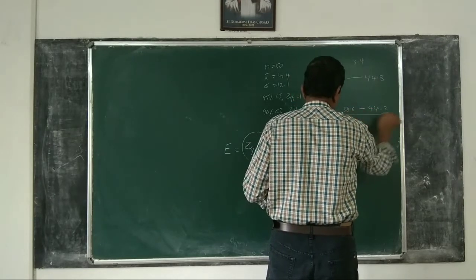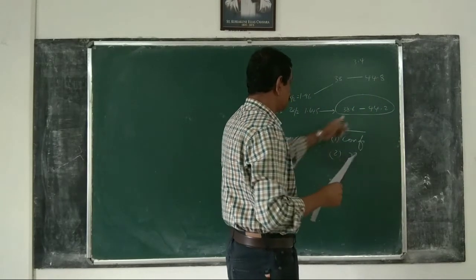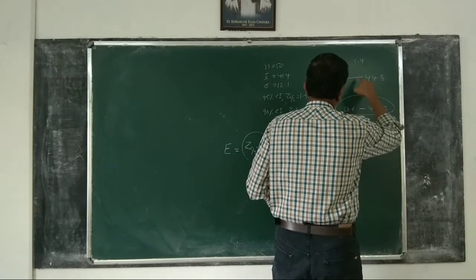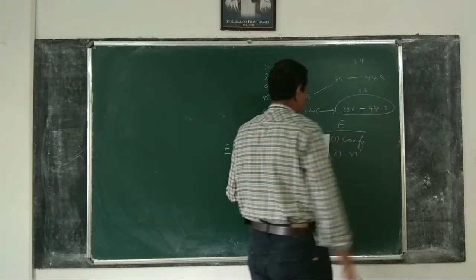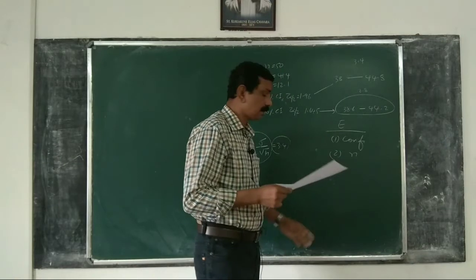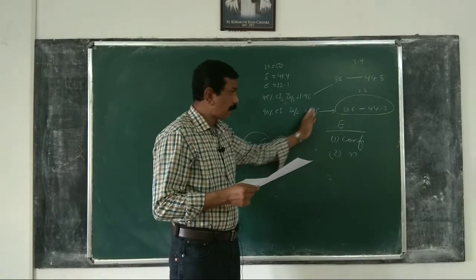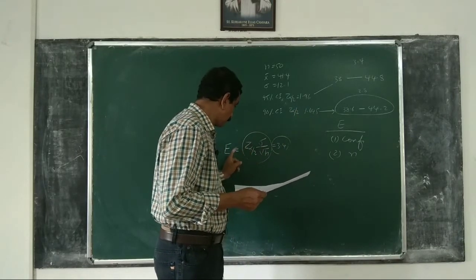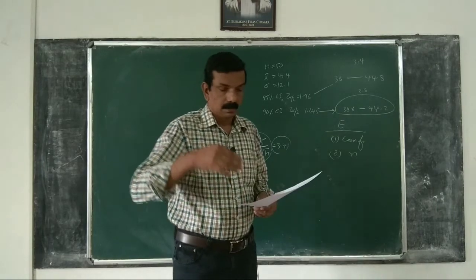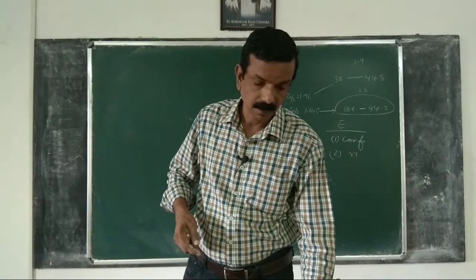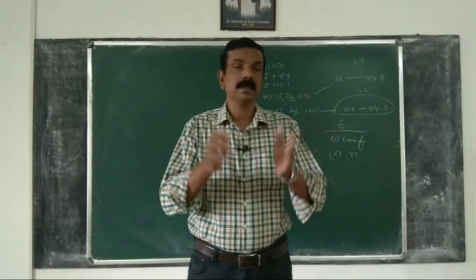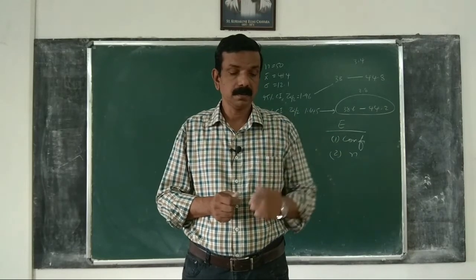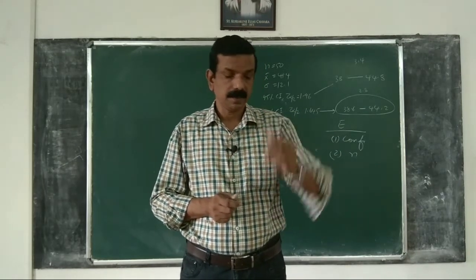Now in this case, the margin of error has decreased to 2.8 or so. So if you decrease the confidence level, the margin of error also decreases. So margin of error and confidence level are directly related. If you reduce the confidence level, margin of error decreases and vice versa.